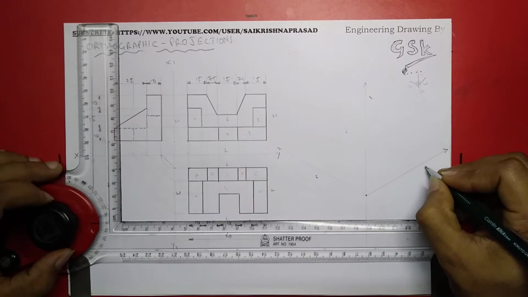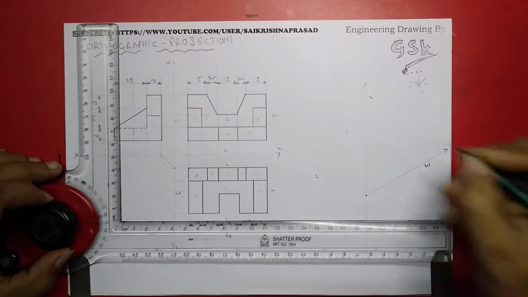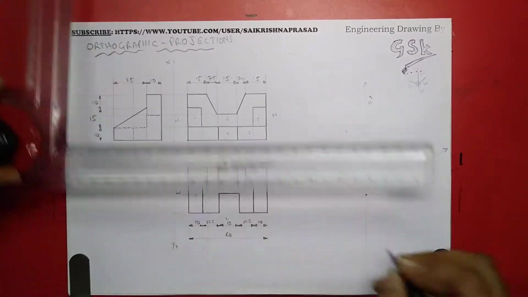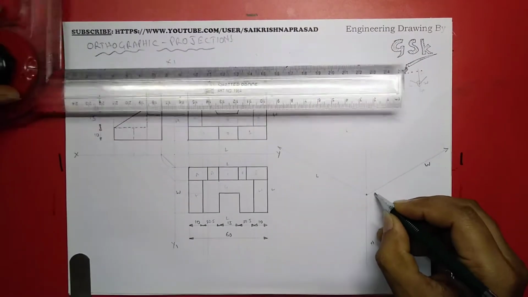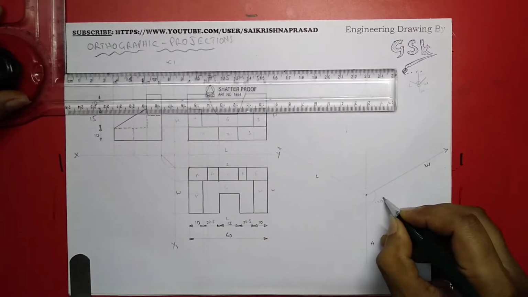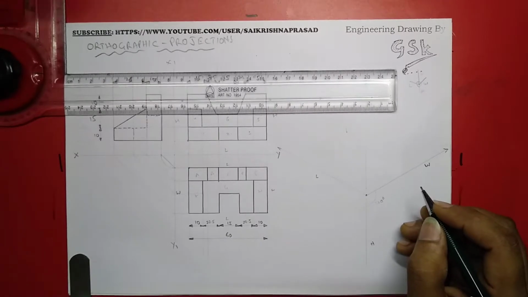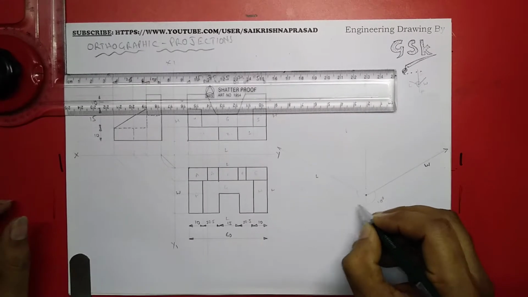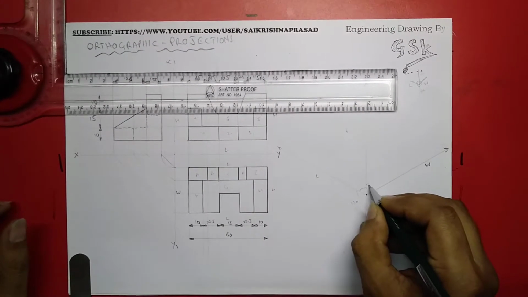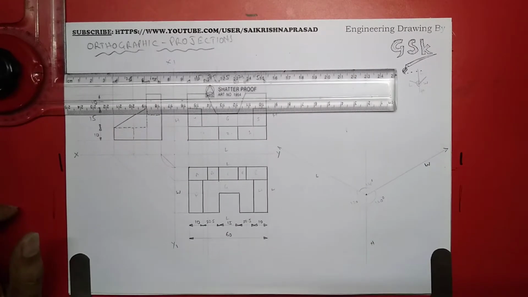This would be the length, width, and height. You can see this angle is 120 degrees. This angle 120 degrees. This angle 120 degrees.